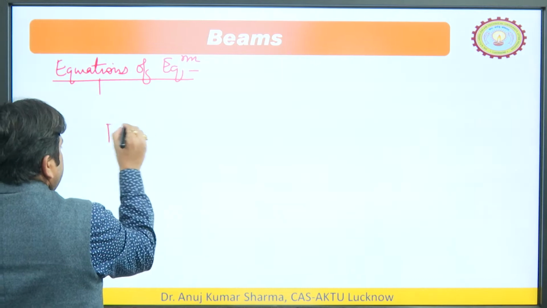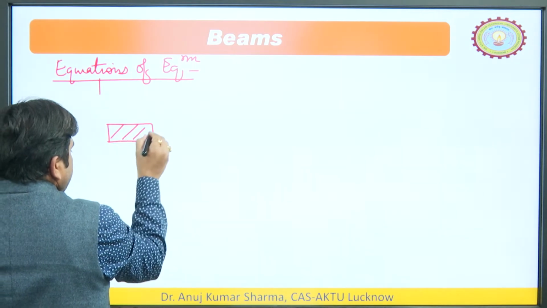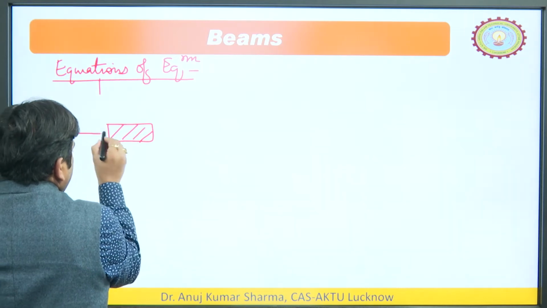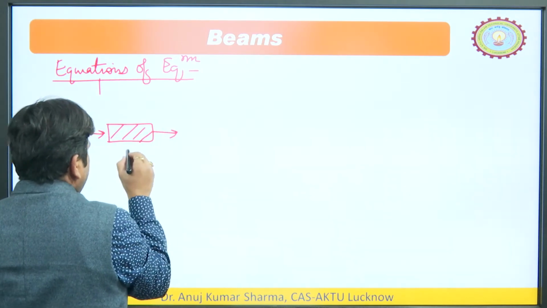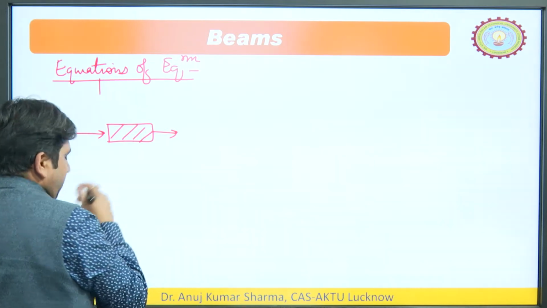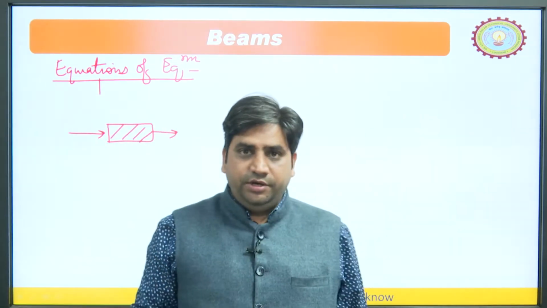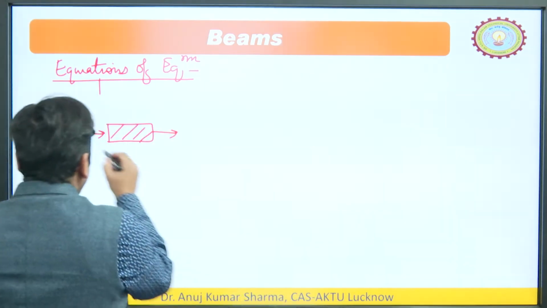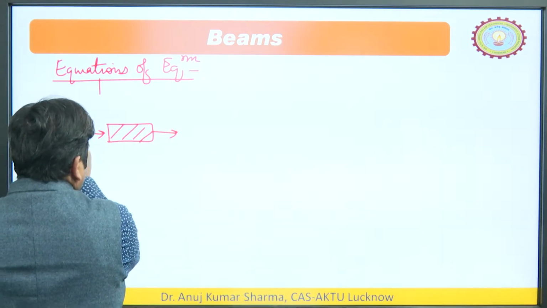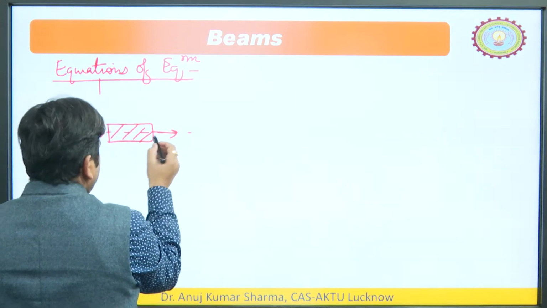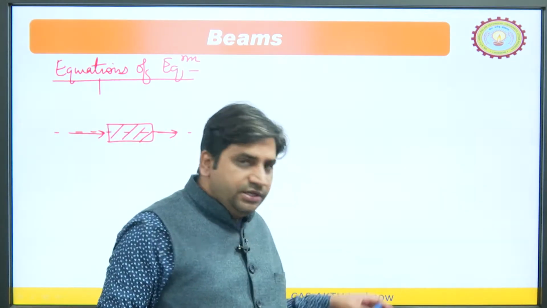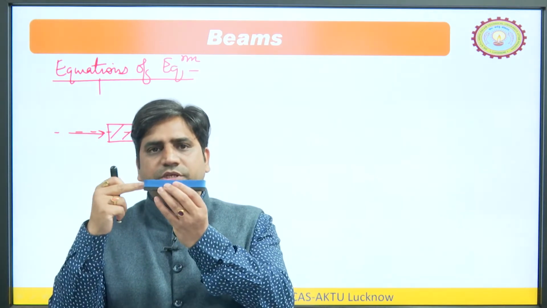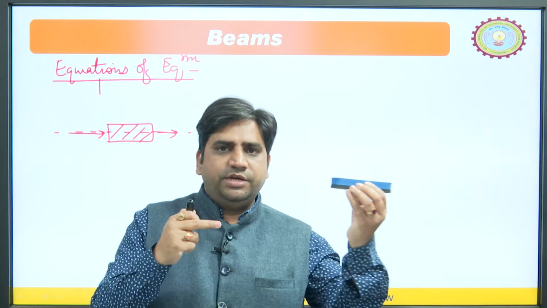Let us say this is a body placed in space, and many forces are acting on it in this direction. Force is a vector quantity, so we want to sum the forces in the x direction. If this body has an unbalanced force in the x axis, the body can travel in this direction.